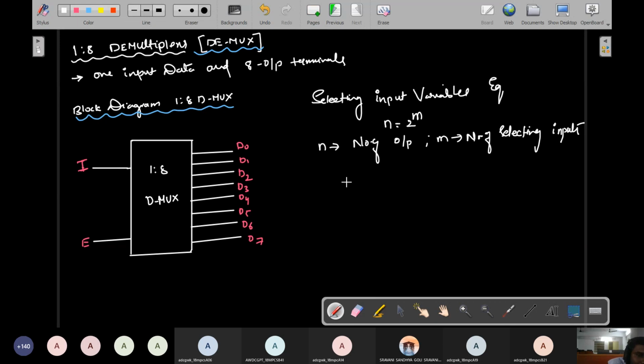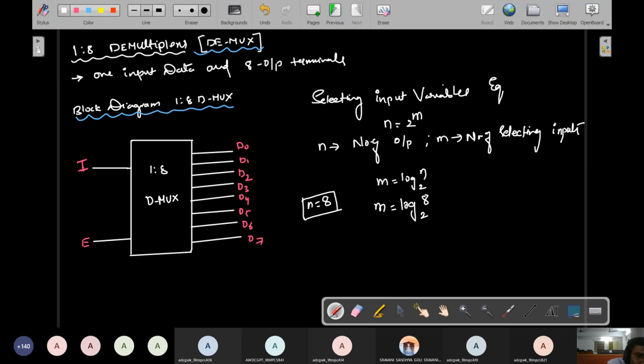Applying logarithm to this equation, it will be written as m is equal to log with base 2 of n. Right now n is the number of outputs, which is 8. Using this equation m is equal to log 2 with base 8, because n is nothing but 8.